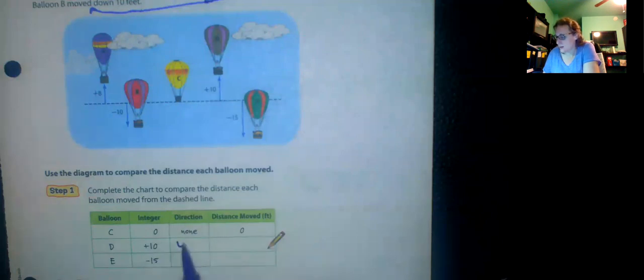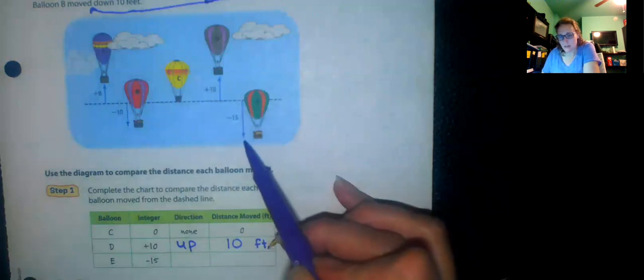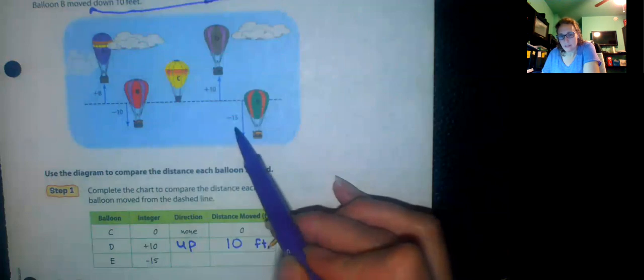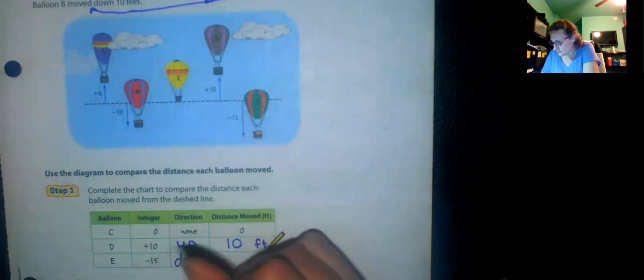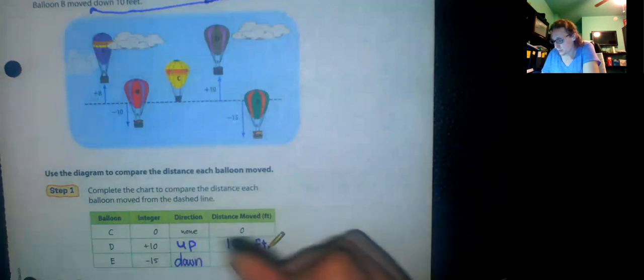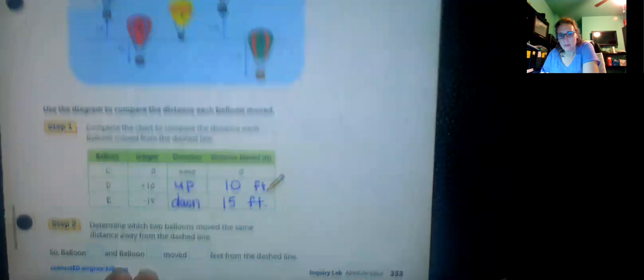It did go up, and it moved 10 feet, because it went up 10 feet. Balloon E, you can see it went down, so that means it's at negative 15, and so its direction was down, and it moved 15 feet in the downwards direction, okay?